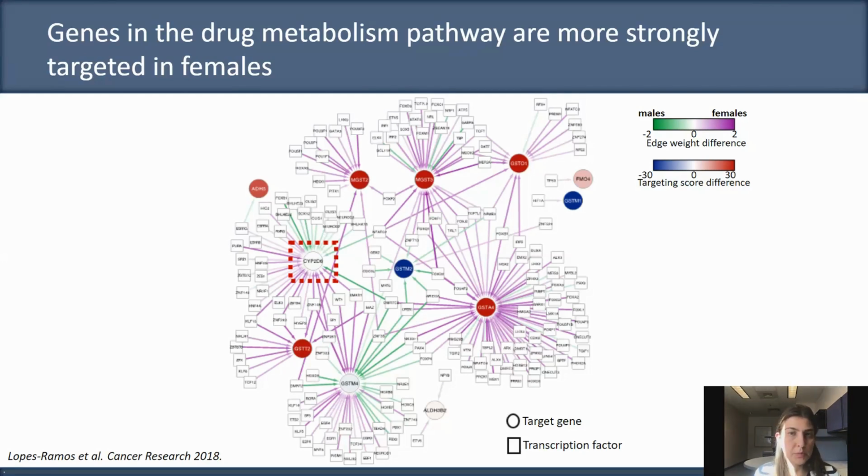A CYP gene is targeted by both green and purple edges, which means that different sets of transcription factors are regulating CYP in males and females. If you can read this, a lot of the purple edges are estrogen receptors, so these would be transcription factors active to regulate CYP only in females.